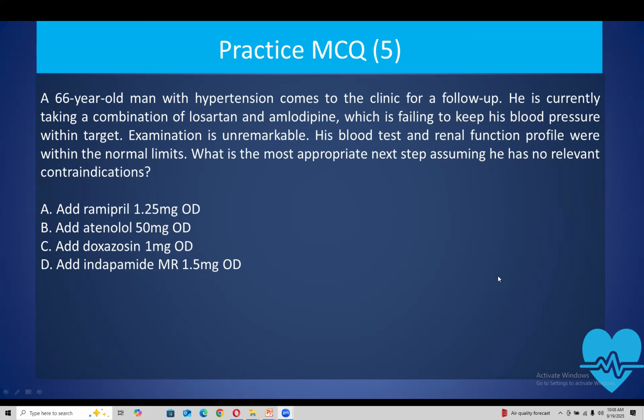His blood test and renal function profile were within the normal limits. What is the most appropriate next step, assuming he has no relevant contraindications? Add ramipril, add atenolol, add doxazosin, or add indapamide.